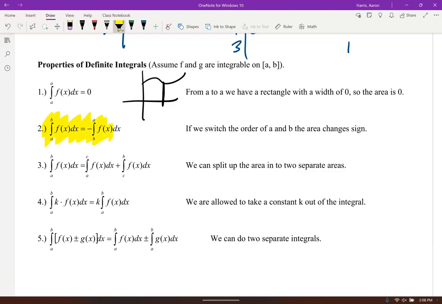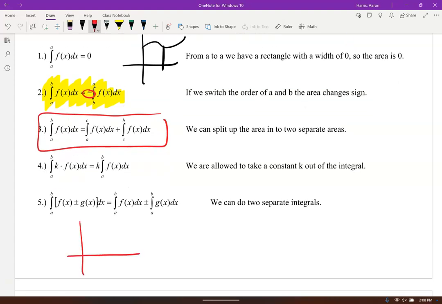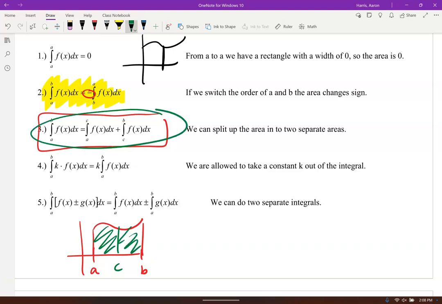If you go from a to b, you can flip it around, but you've got to put a negative in front of that. It would be equivalent to the negative of b to a. Okay. You can split it up as well, right? So if you're going from a to b, you can also split it up and go from a to c plus c to b, and that's what that's saying right there.